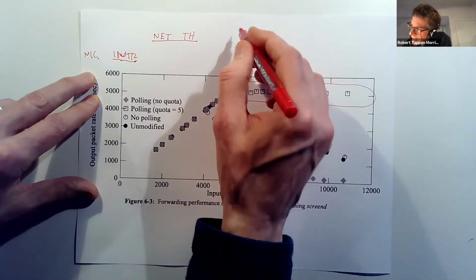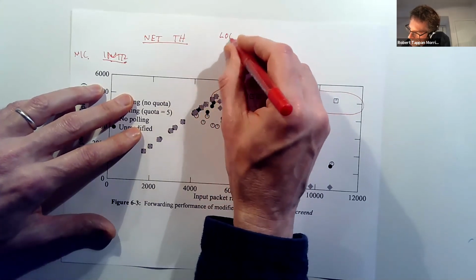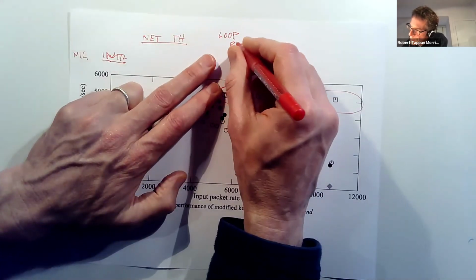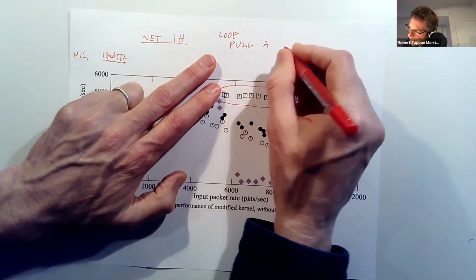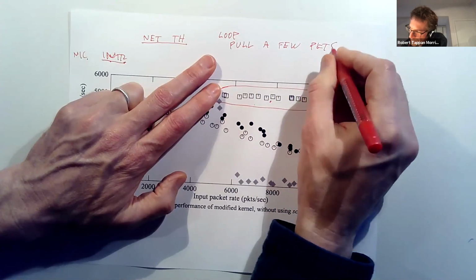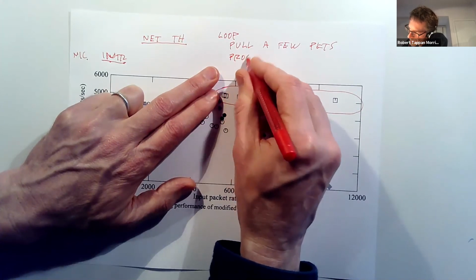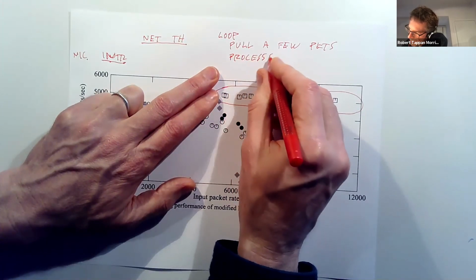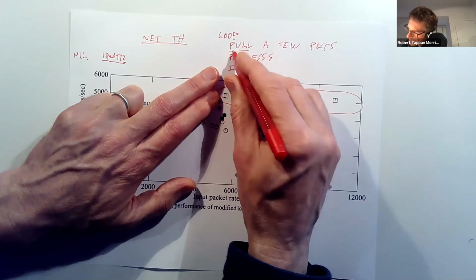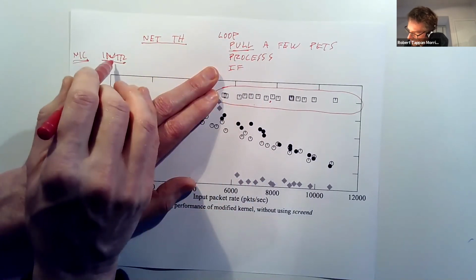The network thread basically has a loop that it'll check the NIC, pull a few packets from the NIC, 5, I think, is what they ended up using, and then process those packets. It's this networking thread now that reads packets off the NIC, not the interrupt routine.